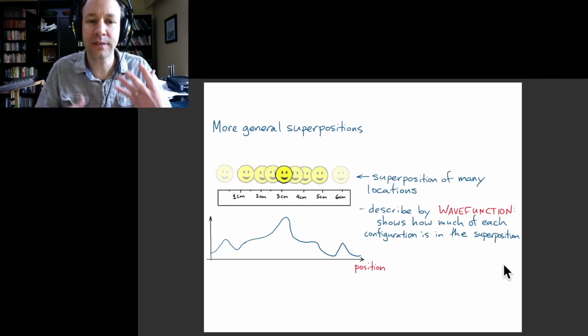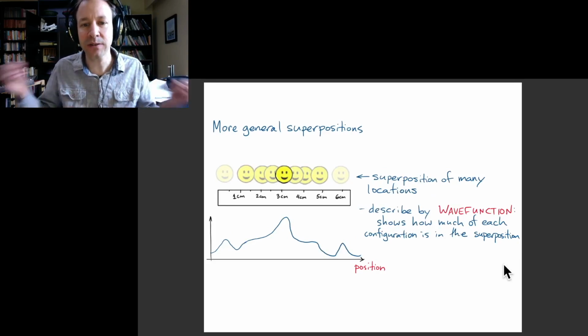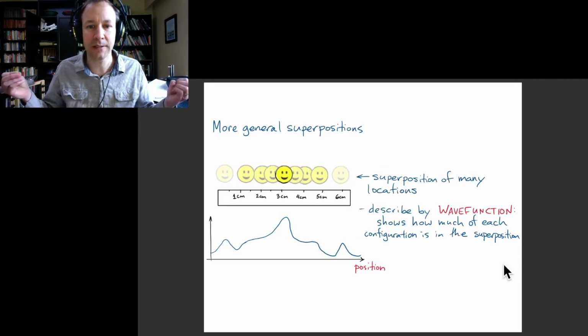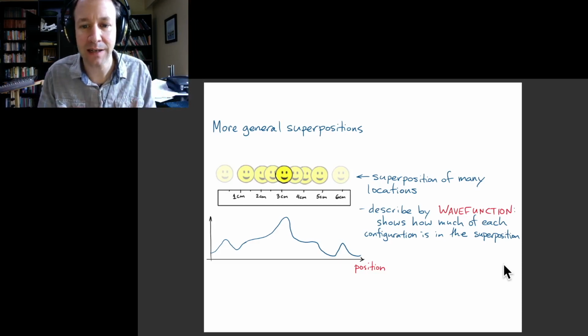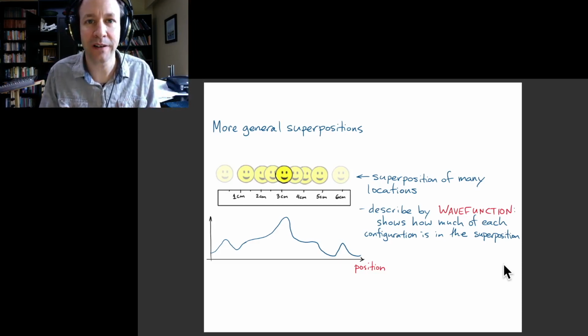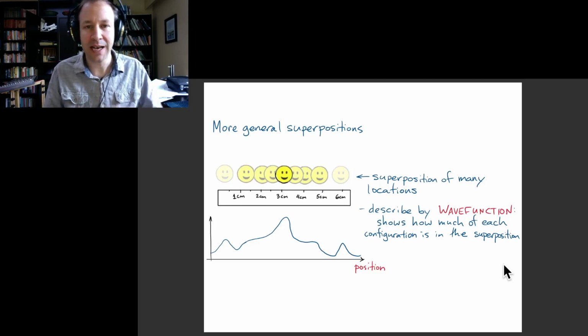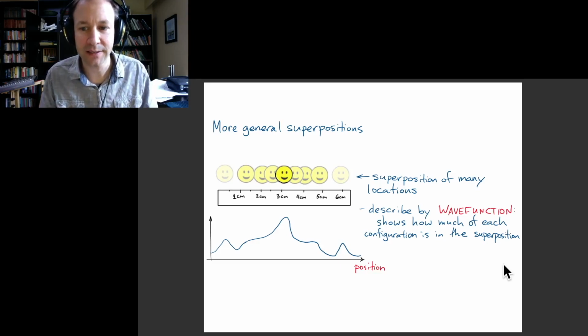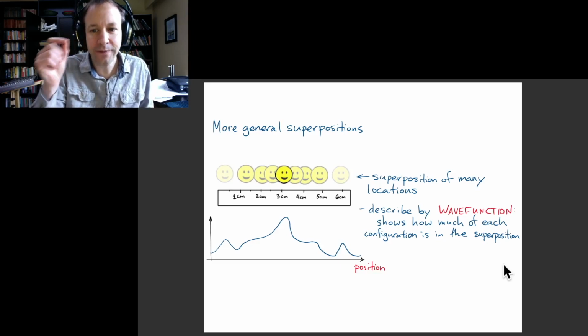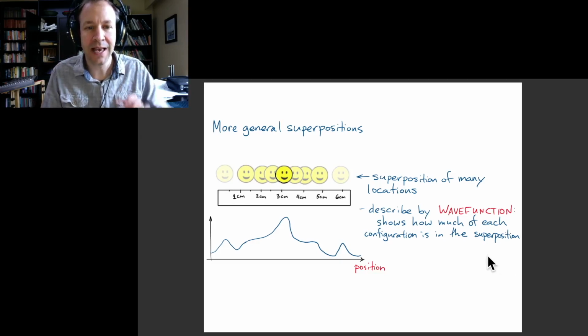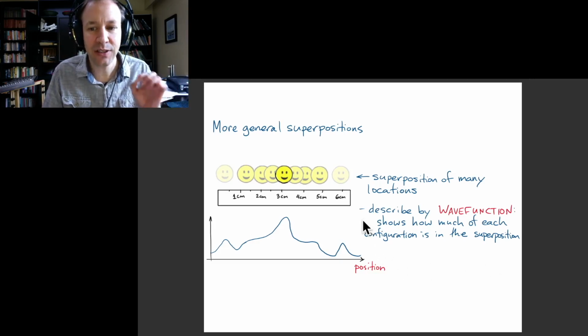In order to describe these kinds of general superpositions in quantum mechanics, we use a mathematical object that's called a wave function. You've probably heard of it as being associated with quantum physics. The wave function basically just shows us how much of each configuration is in the superposition.